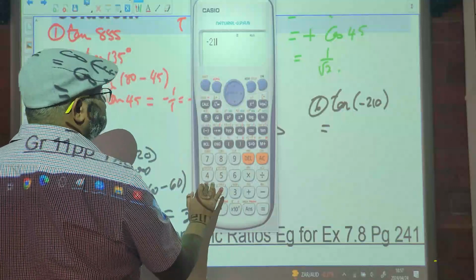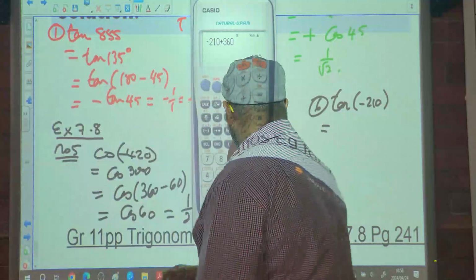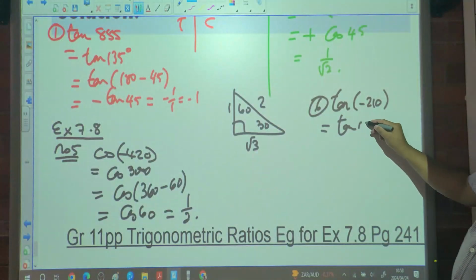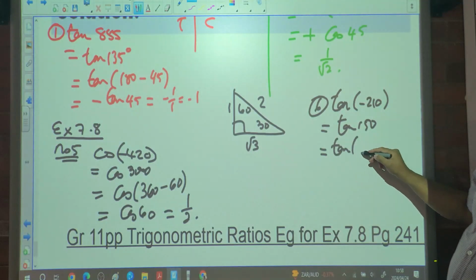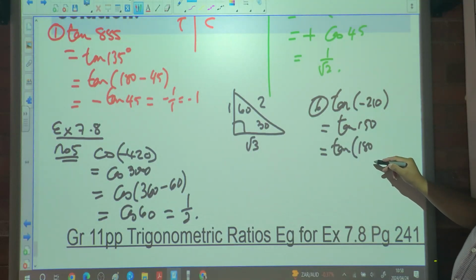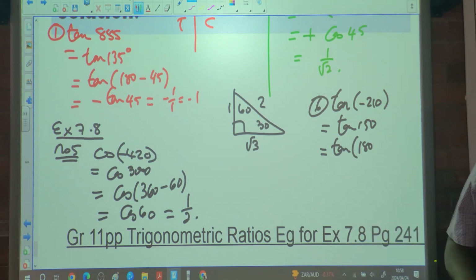Negative 210 plus 360 gives you 150. So that's going to give you tan of 150. Which quadrant is that in? 2. So it's going to be tan, but then that is going to change to 1 over tan of 60. Did you change it to 1 over tan? And that's your mistake.